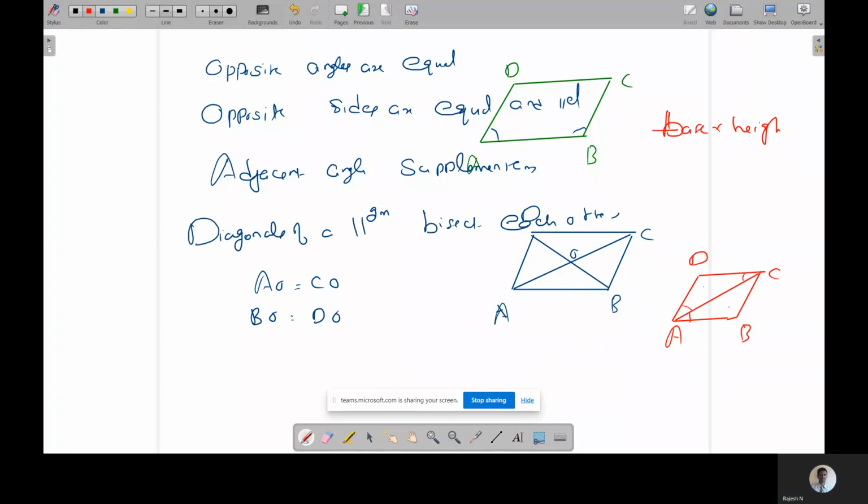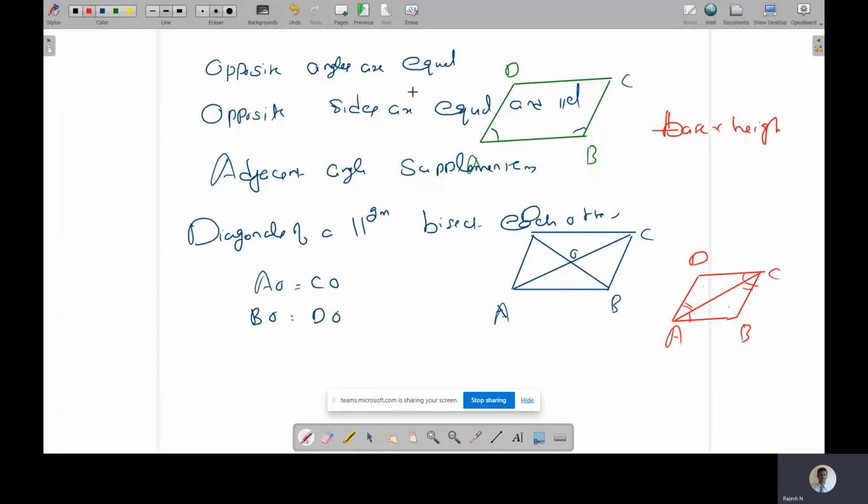Similarly, this angle and this angle are equal. So two angles and one common side are there. By the ASA congruence rule, the two triangles are congruent. So a diagonal of a parallelogram divides the parallelogram into two congruent triangles.